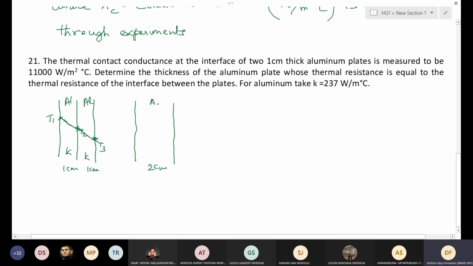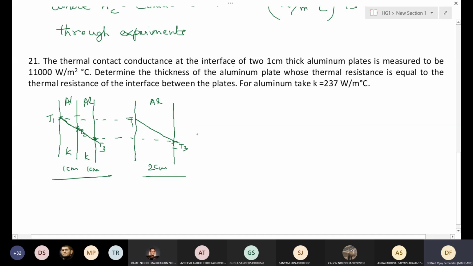If we assume perfect thermal contact, with T1 and this temperature here the same as T3, we won't get any difference in the rate of heat transfer between two separate plates or a single 2 centimeter thick plate. Do you agree? Yes, if you assume perfect contact, there is no difference.